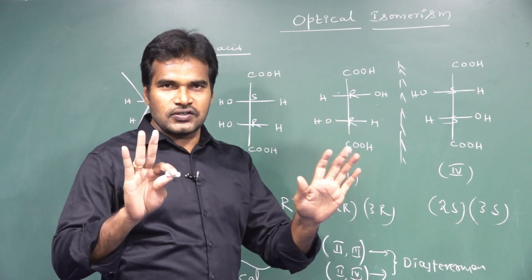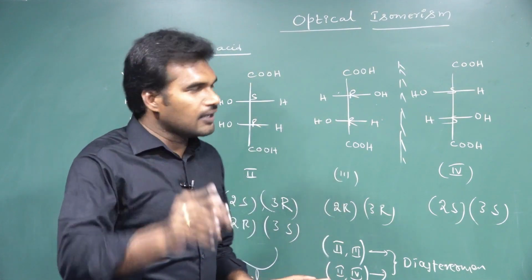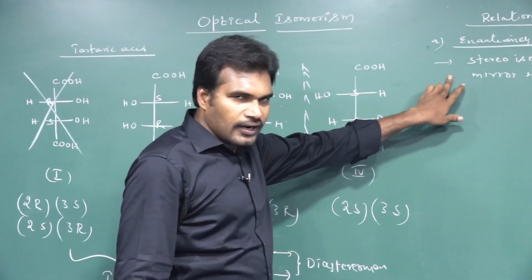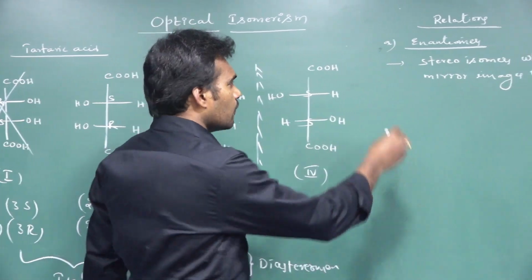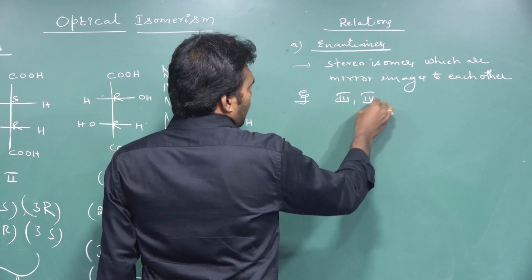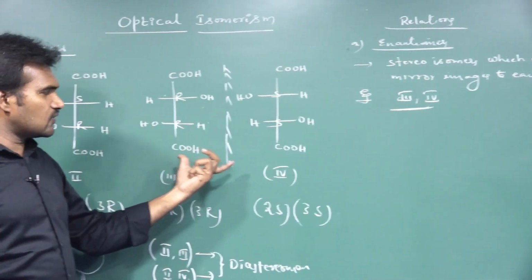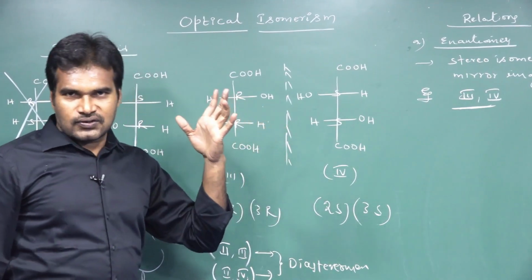The two mirror images whose configurations are opposite to each other, that pair of isomers we call enantiomers. Here, for example, the third compound and fourth compound, this is a pair of enantiomers.